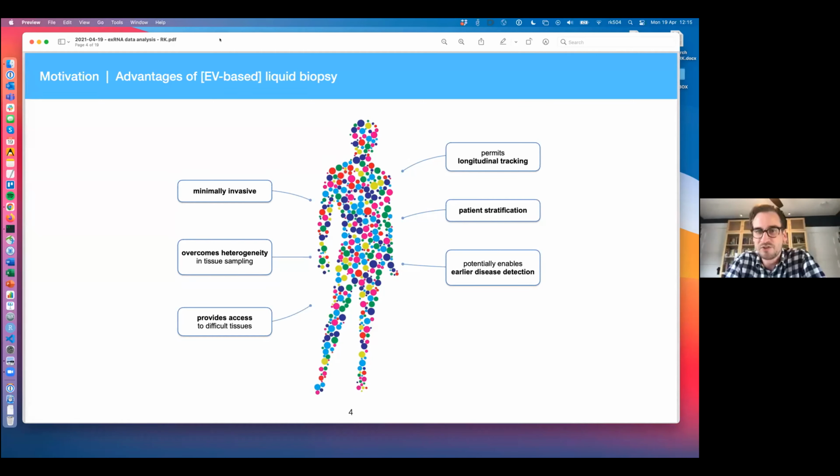Potentially because these EVs are released in a metabolically active way by living cells, it potentially enables earlier disease detection and diagnosis than you would otherwise get with cell-free DNA or some other molecule type that tends to be released by cells in the process of them dying. That's the hope, at least.